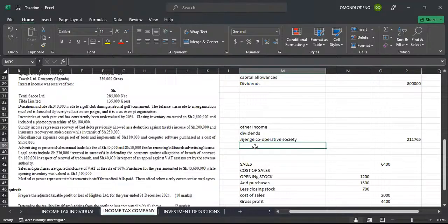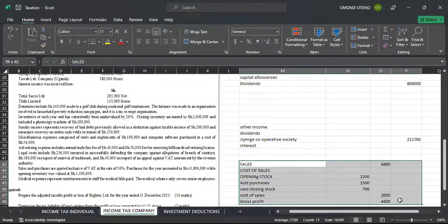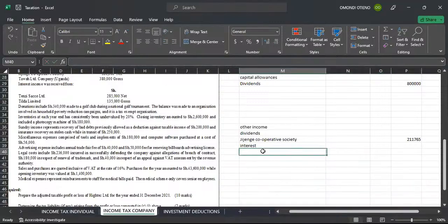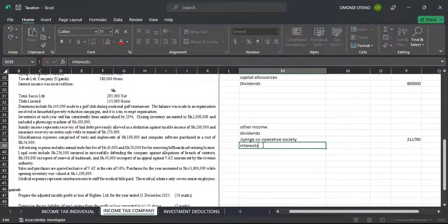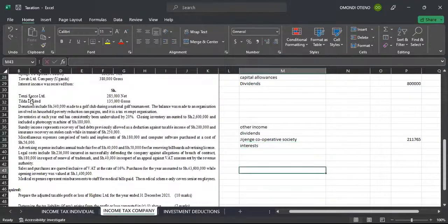Then we now move to interest. So the first item for interest, we have interest from Tenzi Sacco Limited given to us at net, then Tilda Limited 135,000 given at gross.